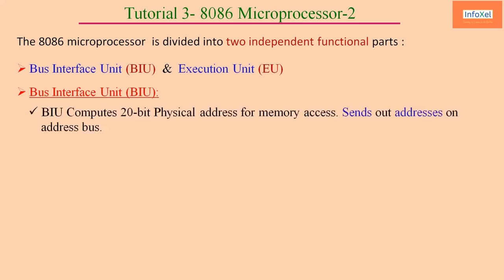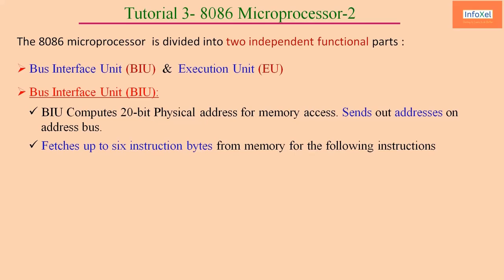Now we will first discuss the functions of the bus interface unit, BIU. This BIU computes the 20-bit physical address for memory access. To access memory, it sends this 20-bit physical address on the address bus, and then it fetches up to 6 instruction bytes from the memory for the following instructions, that means the next instructions.